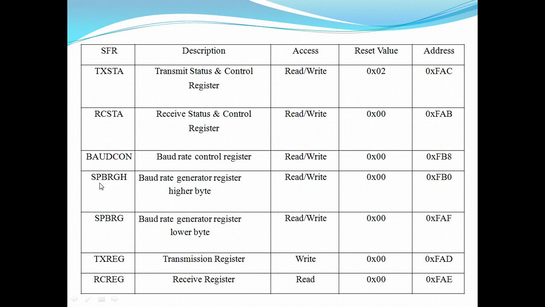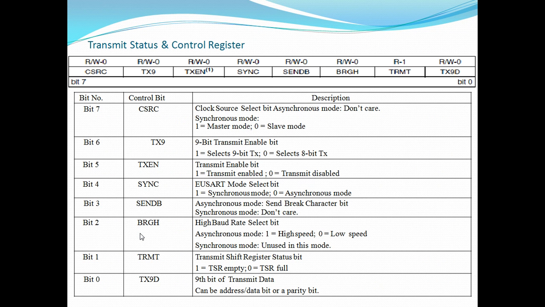Again, the serial port baud rate generator registers, including SPBRG, are used for setting the baud rate with higher byte and lower byte. We will see one by one in detail what these registers are and how to configure them. First we will see the transmit status and control register.